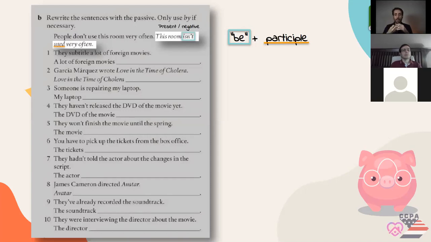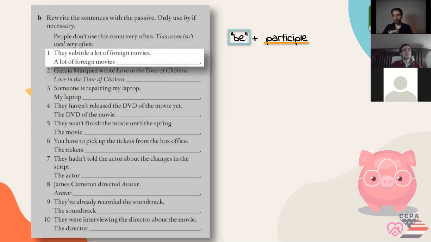Be will be presented in the negative and present form because the other verb is always participle. The verb that was originally active in the passive voice is always participle. Be is the one that transforms.